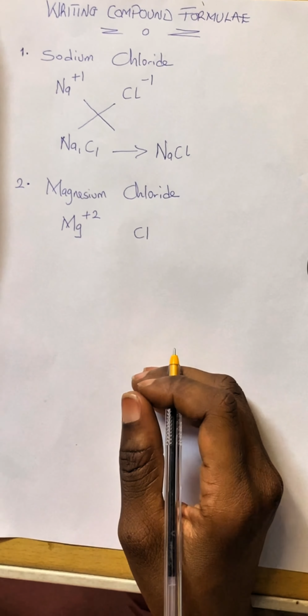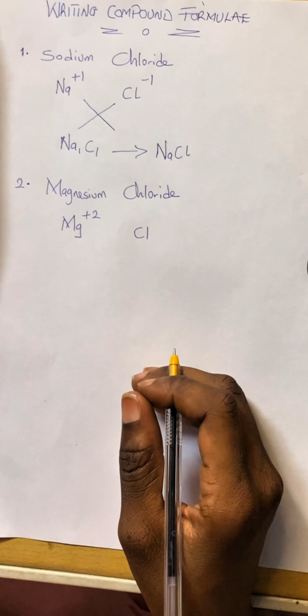Remember, we said that valency is the combining power of an element. So magnesium has a valency of +2 and chlorine has a valency of what? -1. Remember, I said we want to swap valencies. That is to say, the valency of magnesium will go to chlorine and the valency of chlorine will go to magnesium.